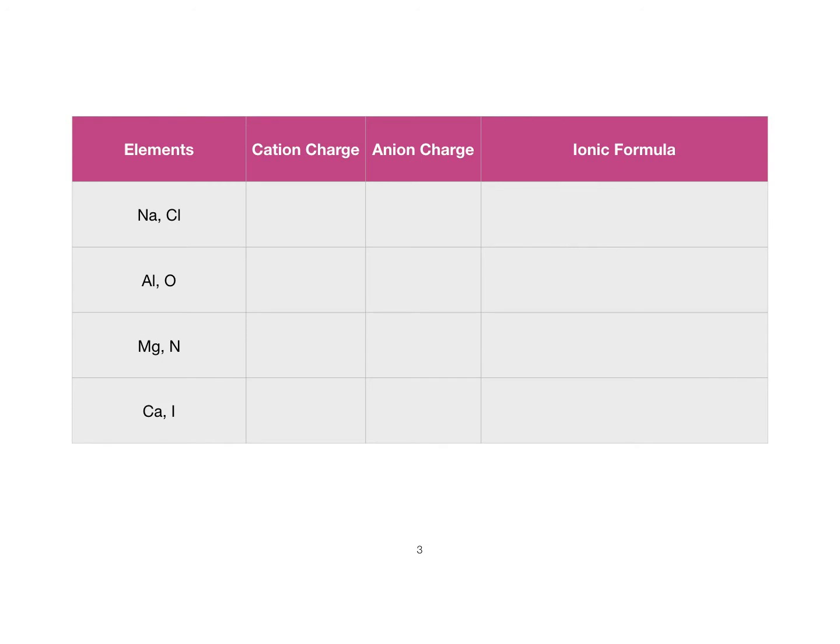So in this table, we want to be able to predict what the ionic formula is for this. So first, we're going to look at the periodic table and figure out what the charges are and how they formulate together. So for sodium and chlorine, we have Na plus and Cl minus. So because they're both a +1 or a -1 charge, those are going to combine together to give you NaCl, where you have one of each.